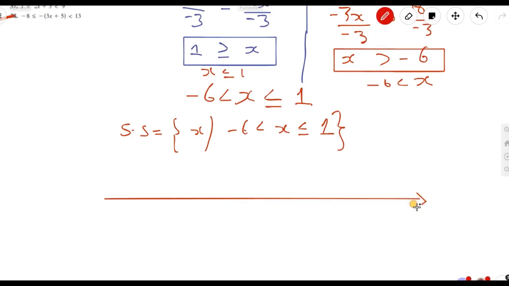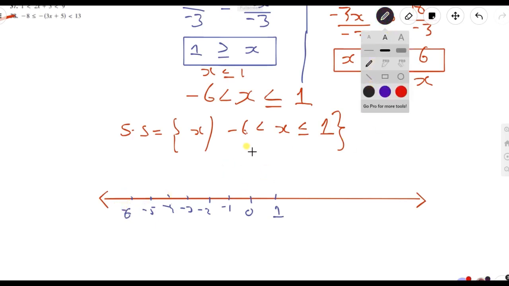You just draw a nice number line. This is your 0. This is your 1. That's your -1. And that's your -6.